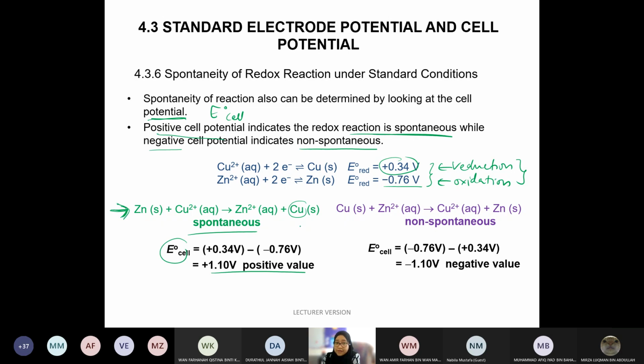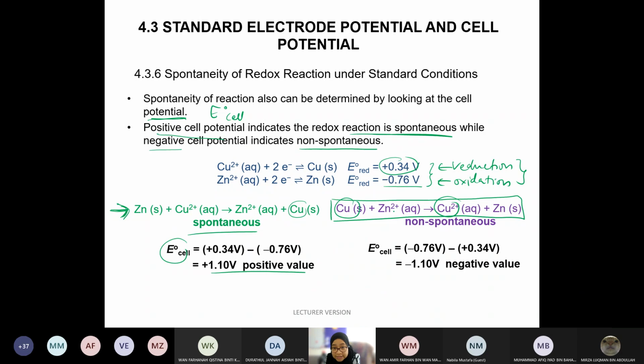If the reaction is conducted the other way around, the opposite way of this one, what does opposite mean? Just now zinc was oxidized, now it is reversed. Copper becomes copper 2+, see, it oxidizes. Zinc 2+ becomes zinc. Say they give this equation and ask you to determine whether this reaction is spontaneous or non-spontaneous.